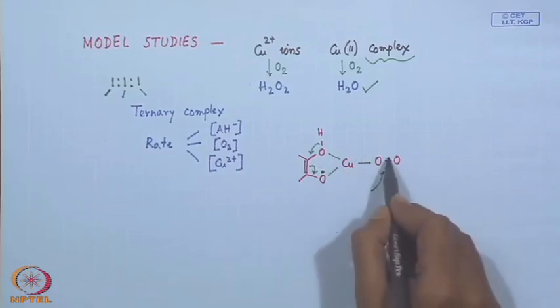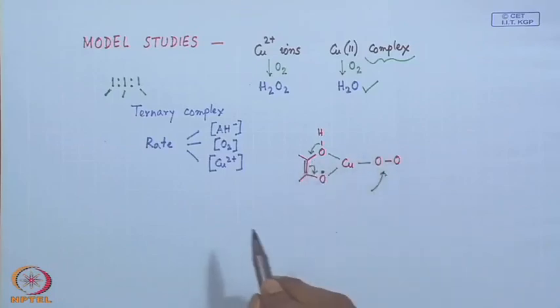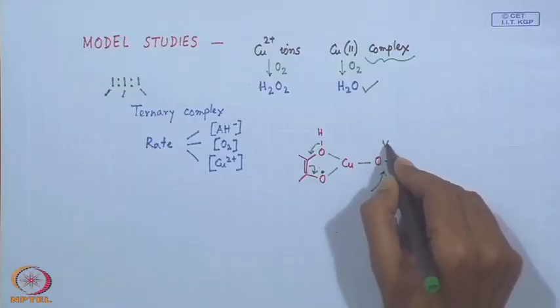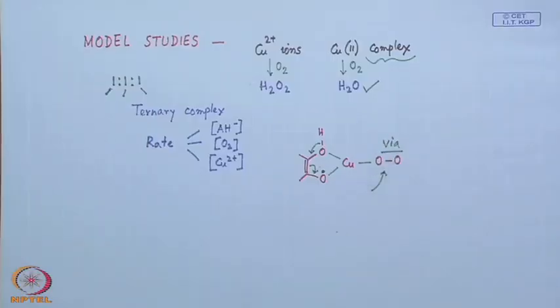So, ultimately you are moving from here to there. That is how the electron flow takes place via this oxygen. Okay, thank you.